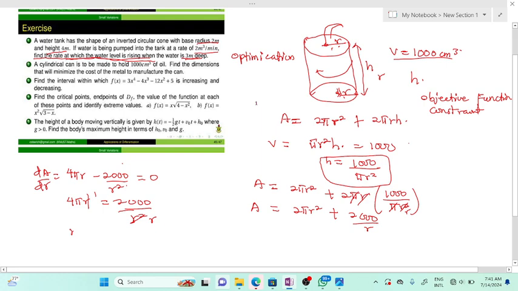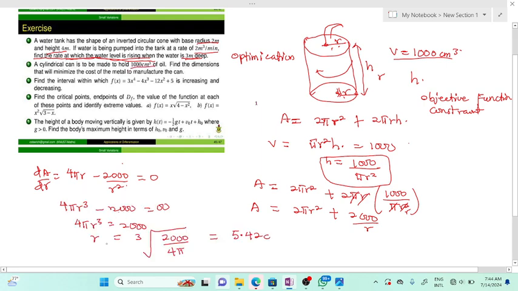Once we have our radius given, we are simply going to find our height. Then we are done. Remember that this was the value, the critical point we were getting. But this is a repeated root, so actually this will be the only one we have. There is no need for us to test for two values.